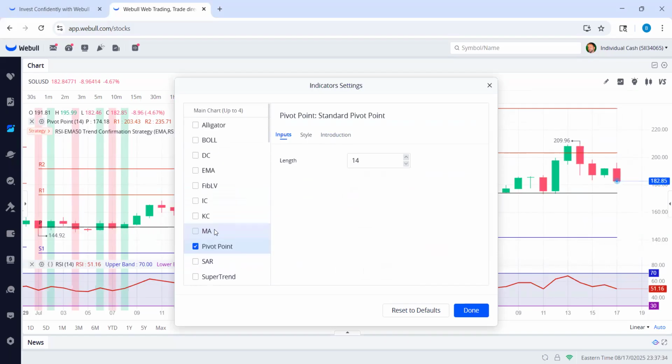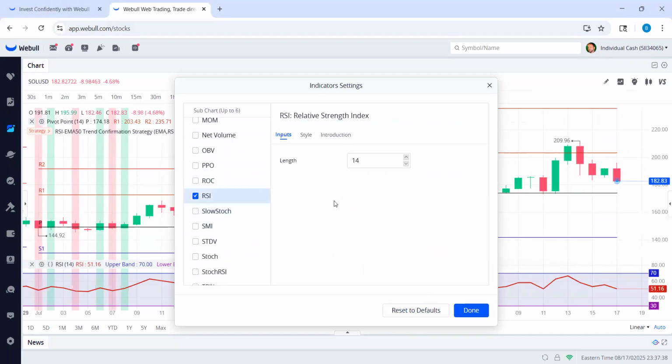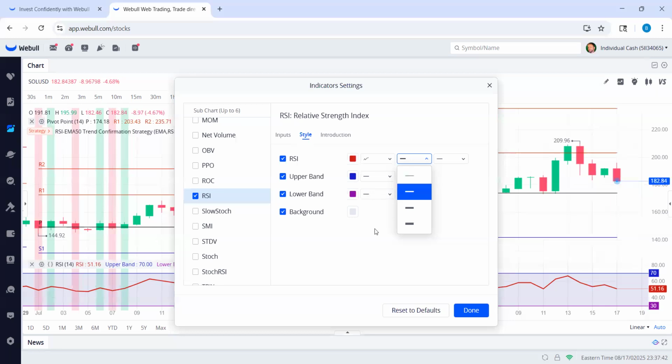Let's go to the RSI settings. Length 14, style, thicker lines, red for the RSI, upper band blue, lower band purple. These are just my colors. You don't have to use these. So we're going to do those.